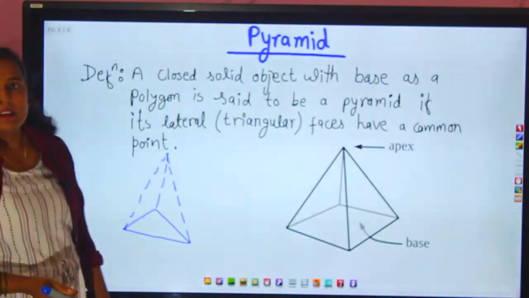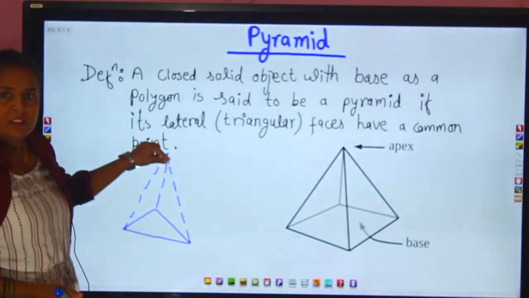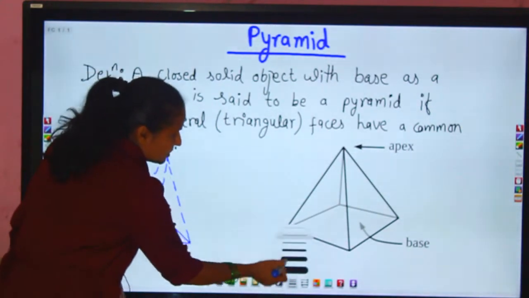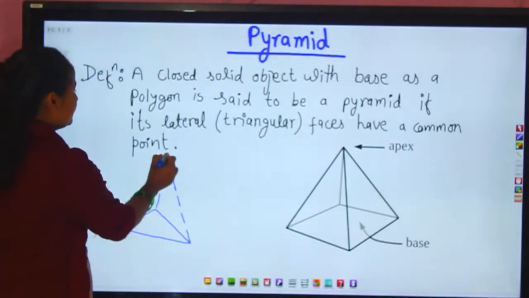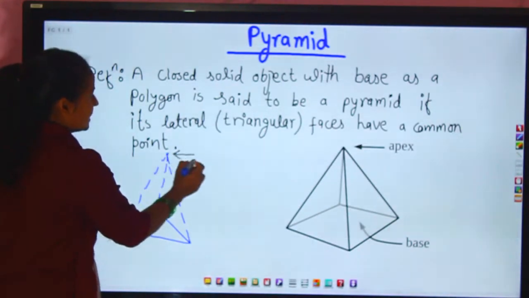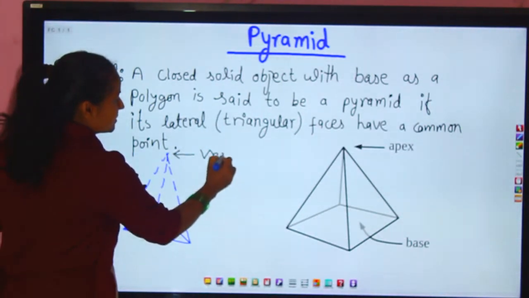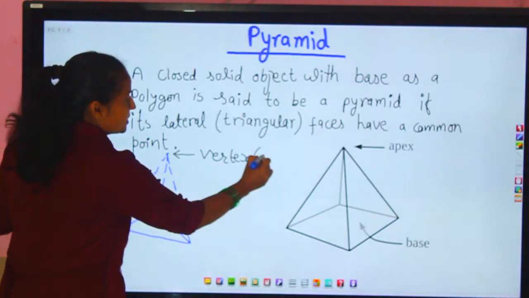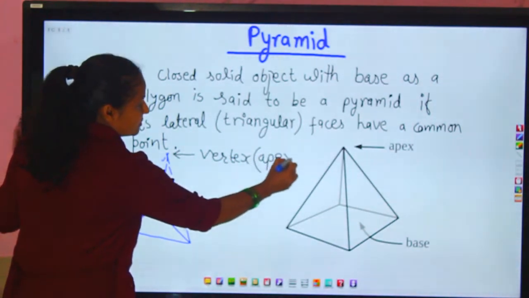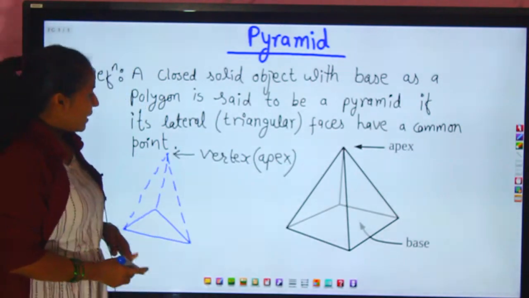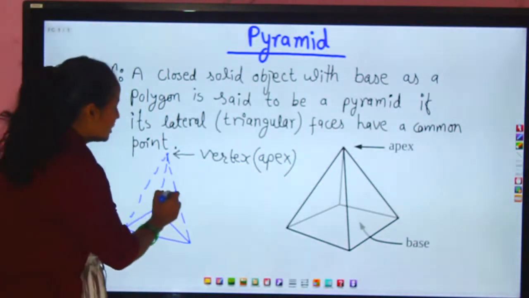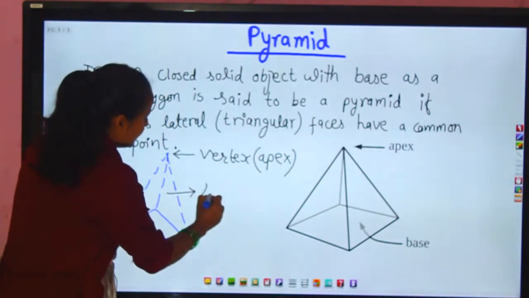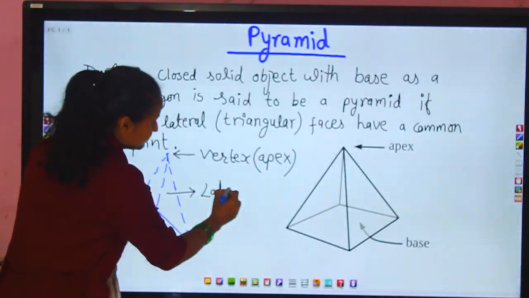The top one is called the vertex or apex of the pyramid, and the lateral faces are called the lateral surface.